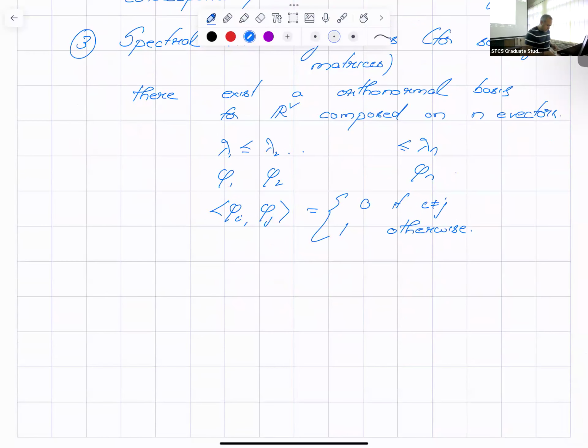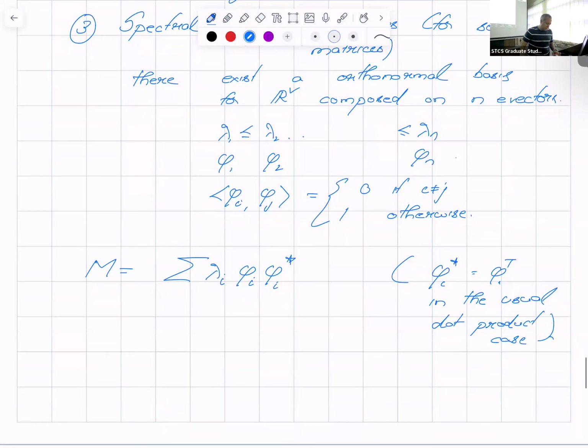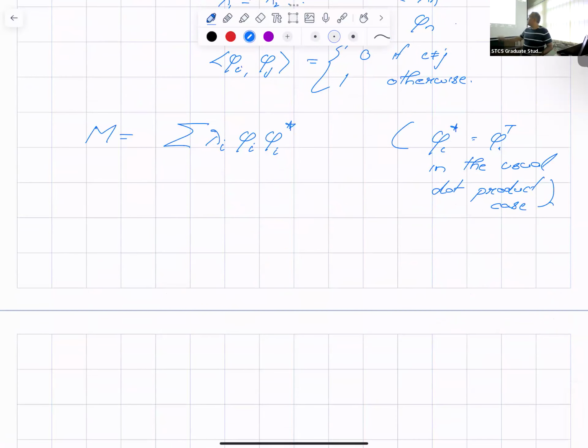By the way, this gives you a convenient way of writing the matrix: M is the summation of lambda i phi i phi i transpose. That's a convenient way to write down the matrix.